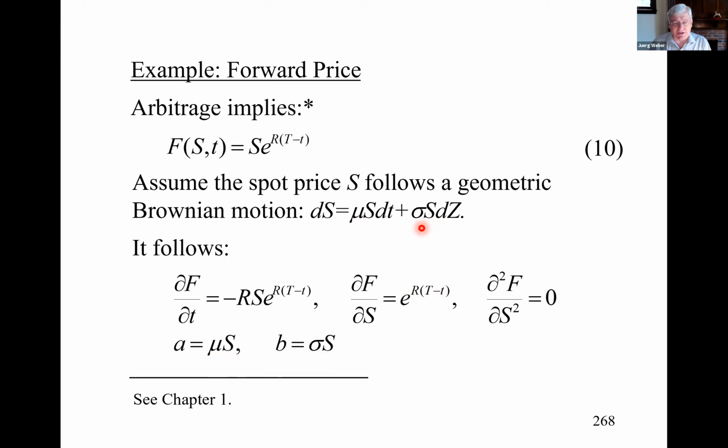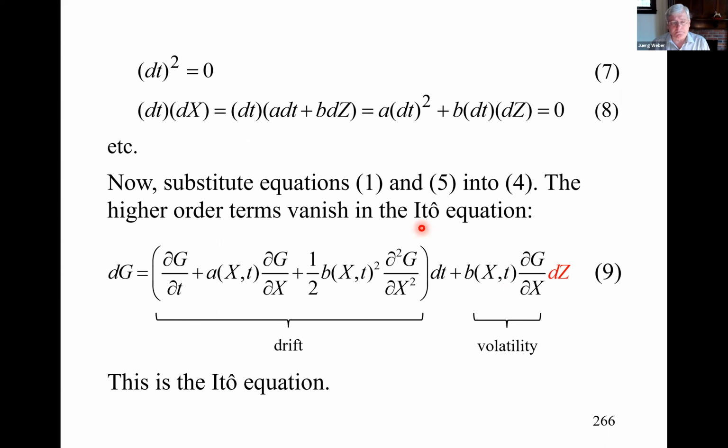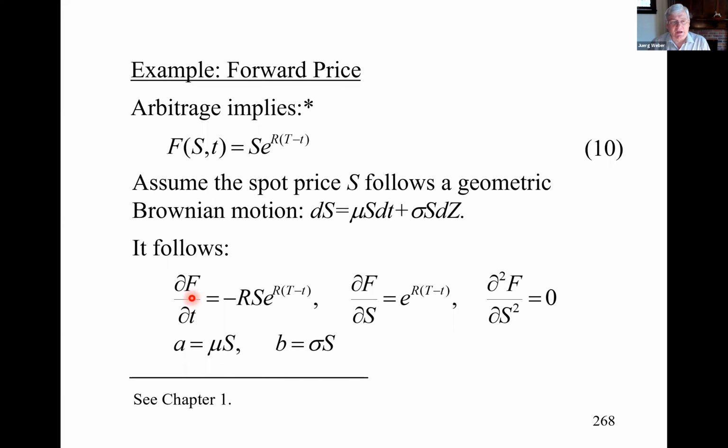So you plug all this into the Ito equation. For example, here we have the dg by dt. The g function is naturally the f function, so that becomes this expression here, this first derivative. The g function is now the f function because we deal here with the forward market.